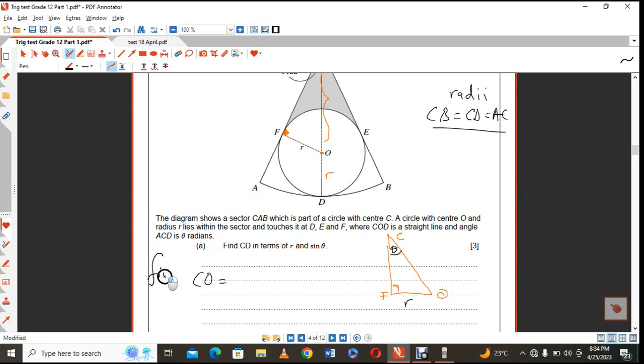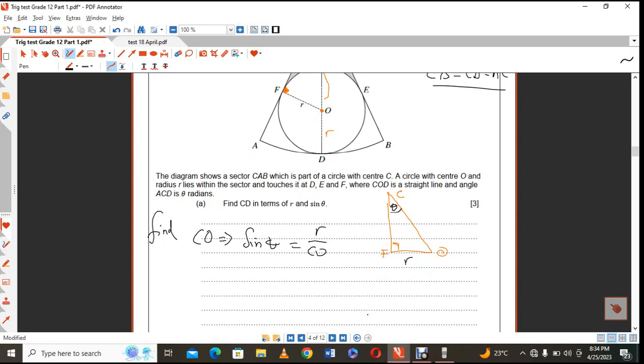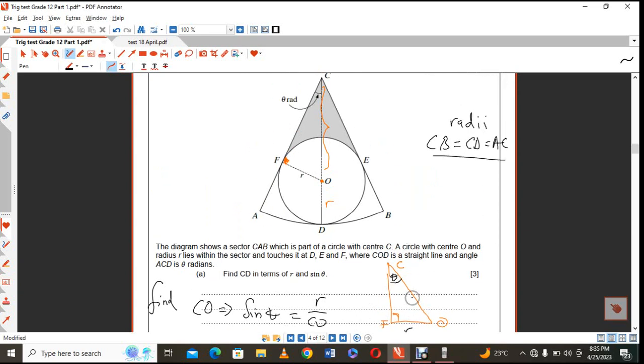So, find CO. Sine theta, which is opposite over hypotenuse, is r over CO. So CO times the sine of theta equals r, and CO equals r divided by sine theta.